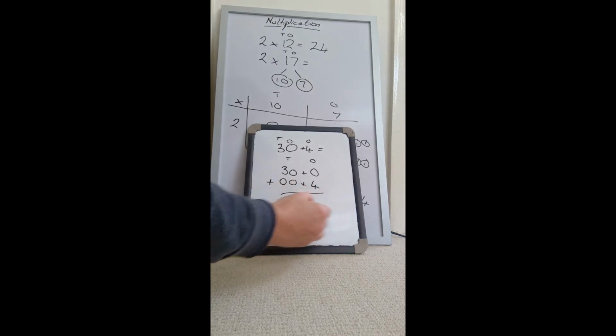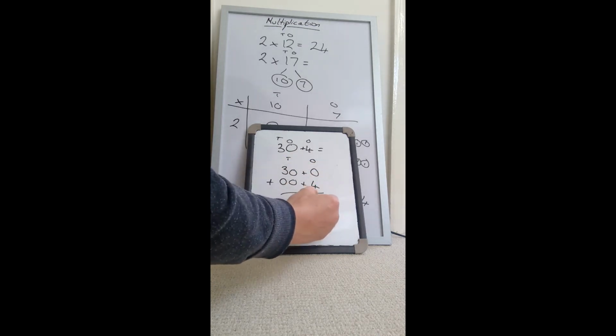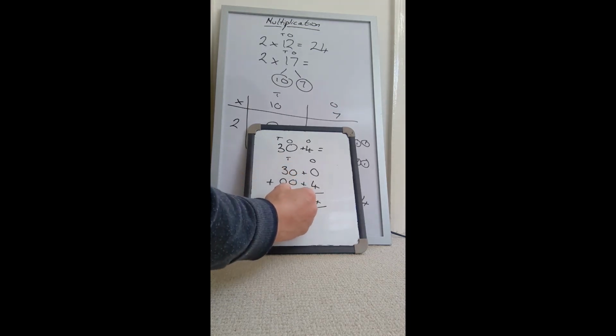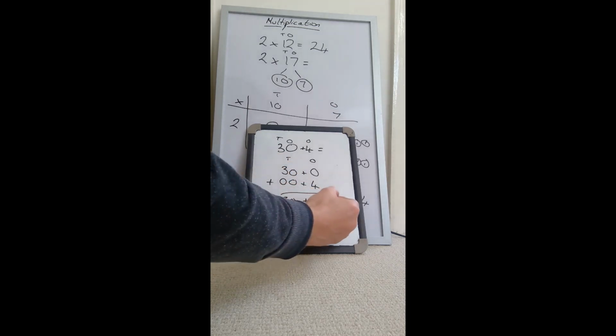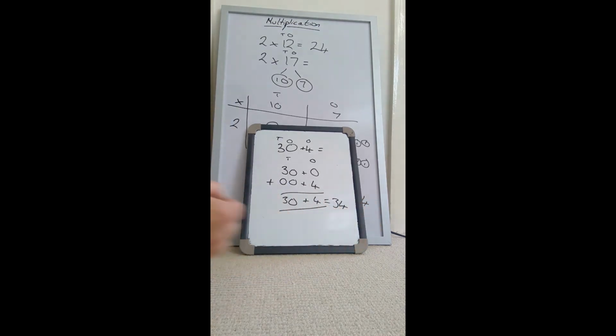You would draw your big equals. 0 plus 4 is 4. 30 plus 0 is 30. And then when you recombine, you have 34. Once again, it's good practice to do this for when we do more complicated multiplication problems later on.